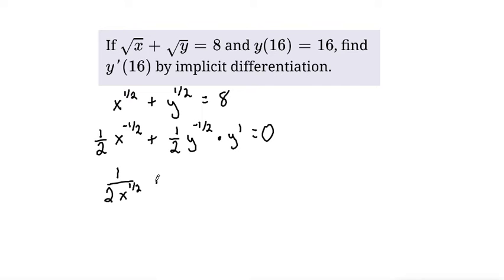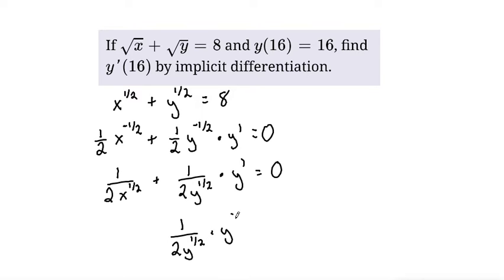We'll do the same thing with the y. 1 over 2y to the positive 1/2 times y prime is equal to 0. Next, let's move our term without y prime to the other side. So we'll subtract this term on both sides to make 1 over 2y to the 1/2 times y prime equal to negative 1 over 2x to the 1/2, because we're subtracting it on both sides.